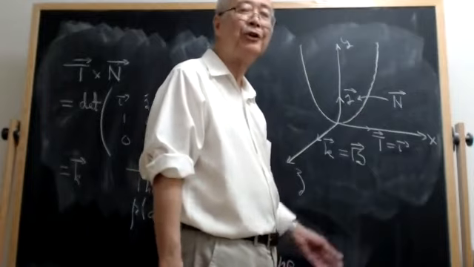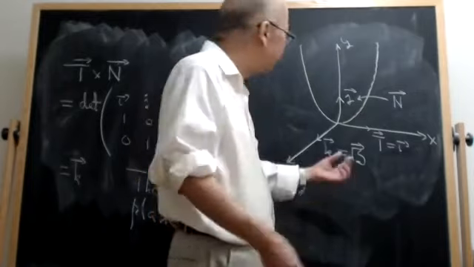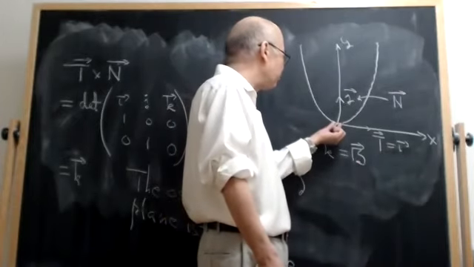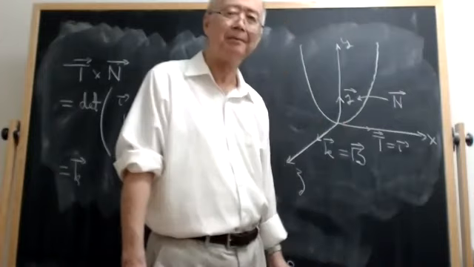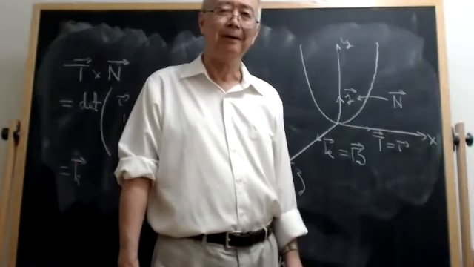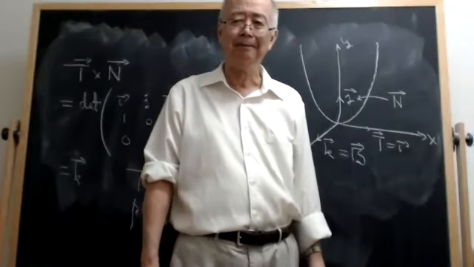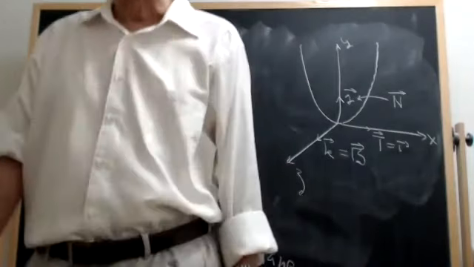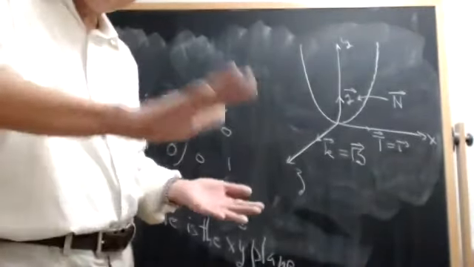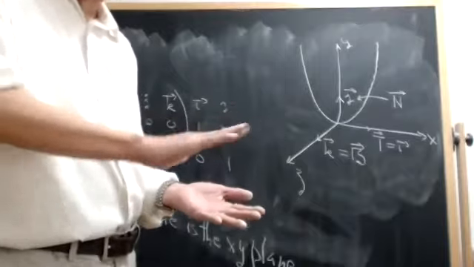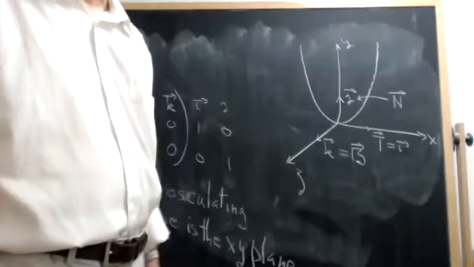So it certainly comes closest to containing a portion of the curve at the origin. Okay. So it's not the tangent plane, it's the plane that comes closest to containing the curve.